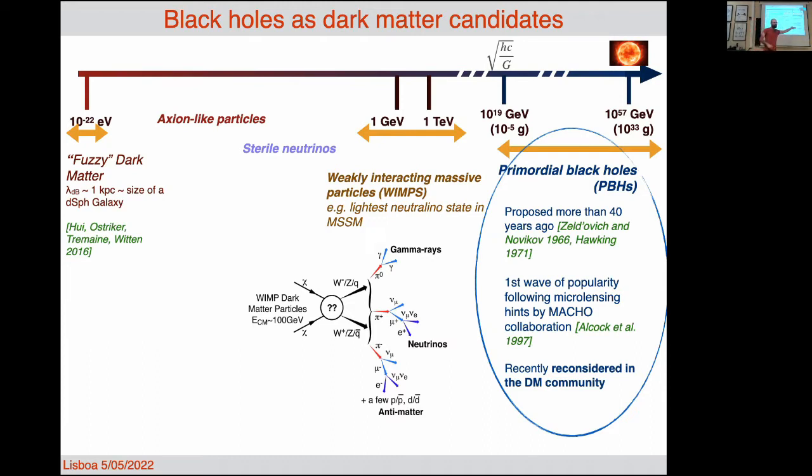So compact objects, in particular black holes, are one of the candidates that were proposed, actually the heaviest candidate that was ever proposed as being a constituent of the dark matter, maybe a subdominant part, maybe the bulk of the dark matter itself. And this idea has been discussed for more than 30 years, almost 40 years now.